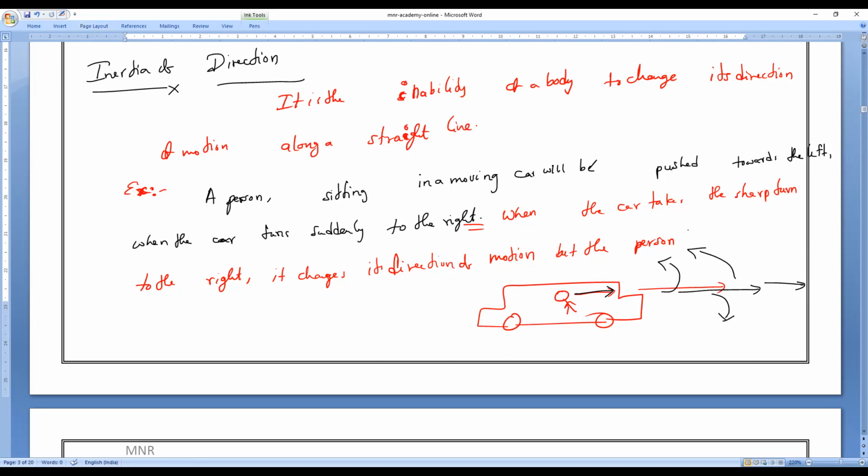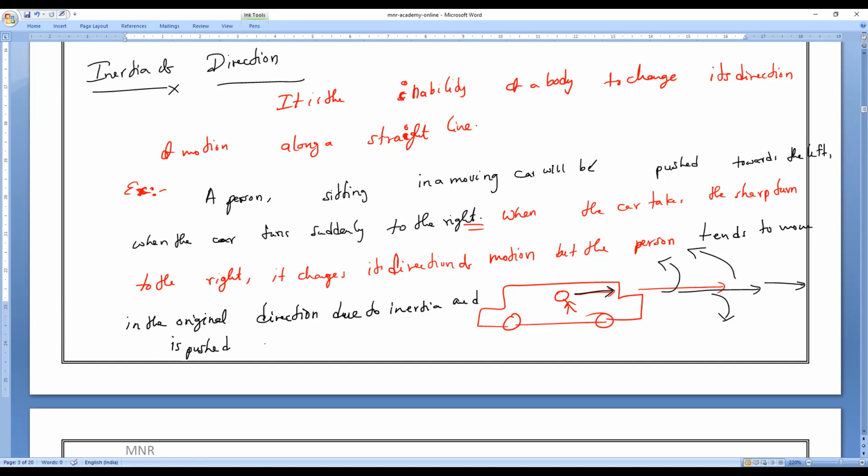If the car changes its direction of motion, but the person tends to move in the original direction due to inertia, and is pushed towards the left or right.